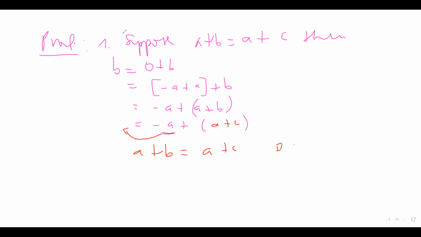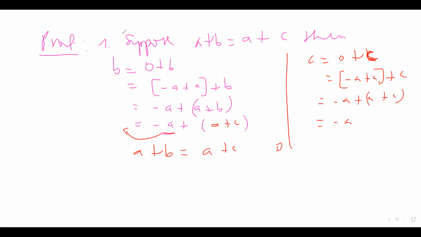And then if you go from the other side, you can also write it again as C is equal to 0 plus C. And then this is also nothing but minus A plus A plus C. And then you know A plus C is the same as A plus B, right?